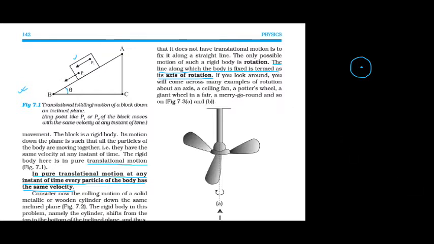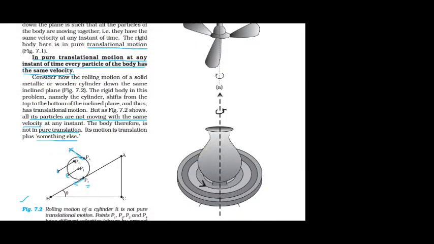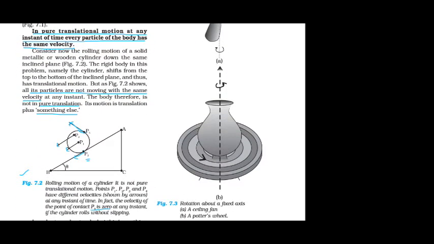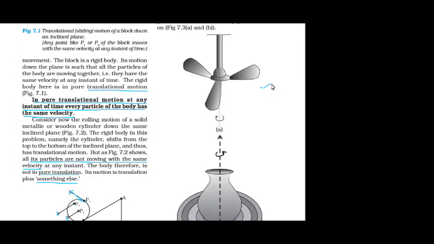So figure 7.3 A and B show some examples. 7.3a is the example of a ceiling fan which is rotating about its axis.